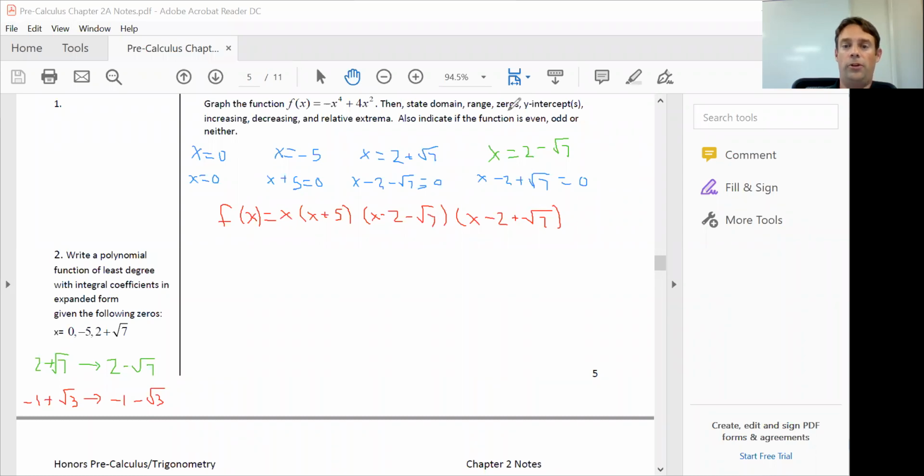And we are going to go ahead and pair up these, and start multiplying them out. We're going to multiply those two.